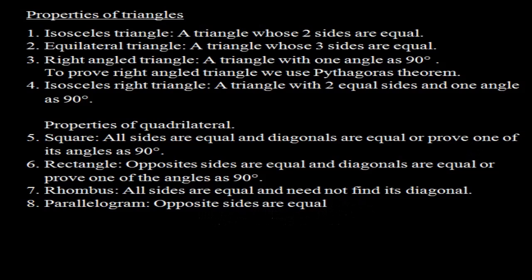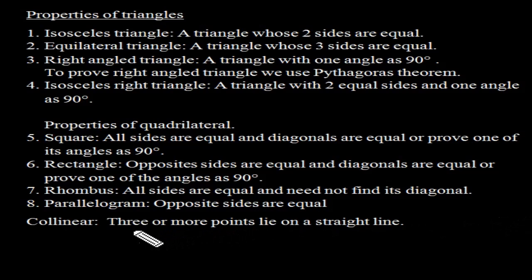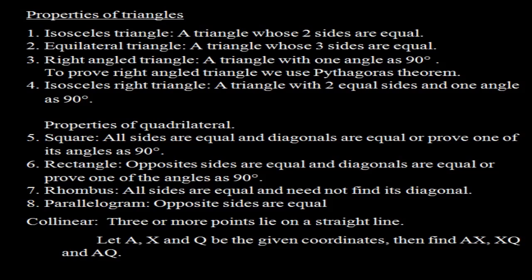The next one is collinear. 3 or more points that lie on a straight line are called collinear points. Let A, X, Q be the given coordinates. Then we find the lengths of AX, XQ and AQ.